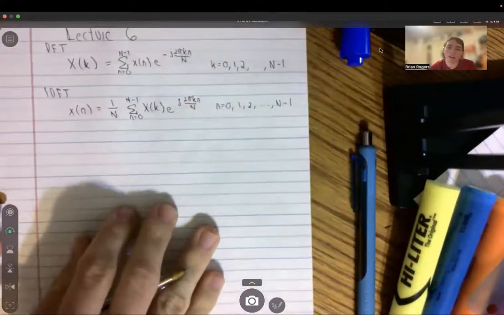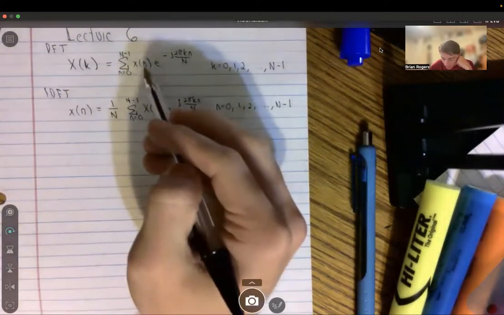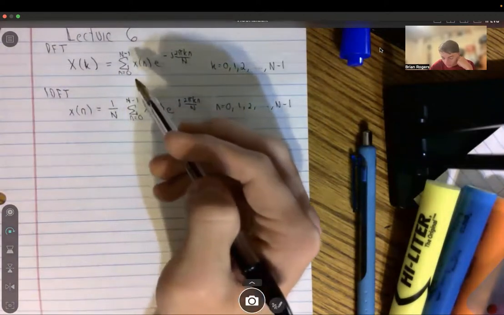Okay, so we have these two, the discrete Fourier transform and the inverse discrete Fourier transform, and we need to build an intuition of this. The discrete Fourier transform is basically a representation of the signal x of n by taking samples of its spectrum.